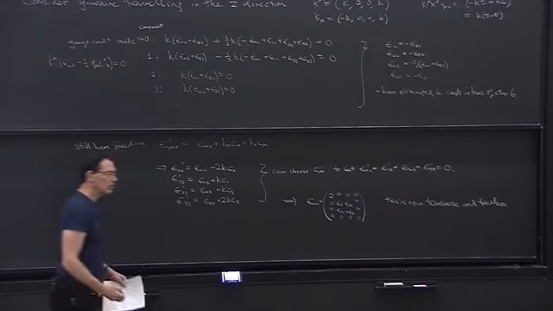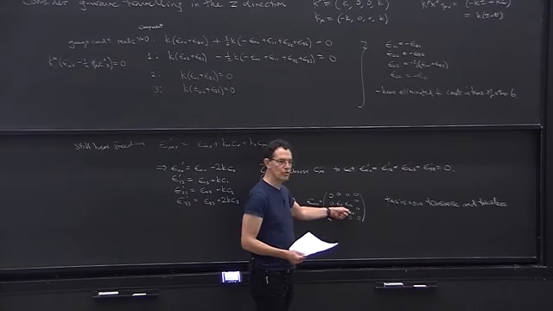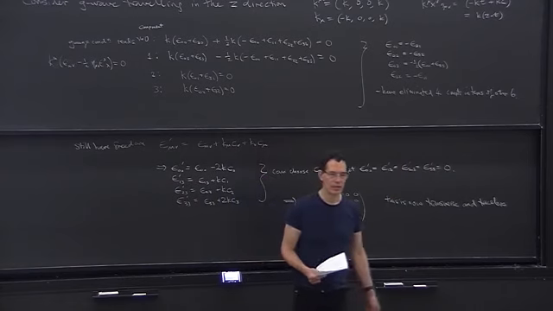In elementary treatments of gravitational waves, you'll see people just go straight to this formula and say a gravitational wave is transverse and traceless.